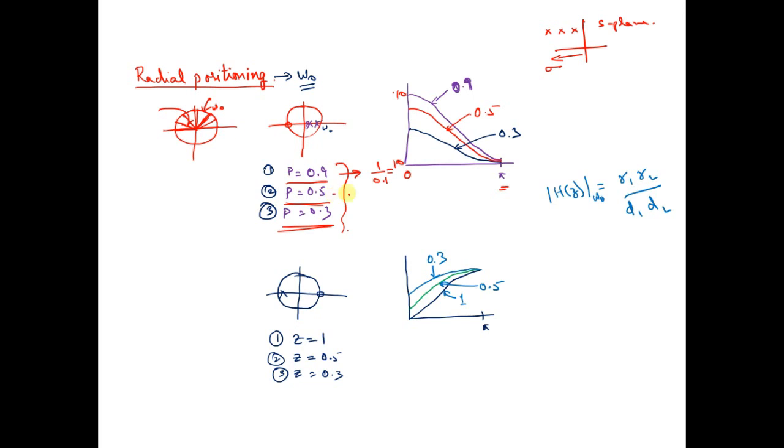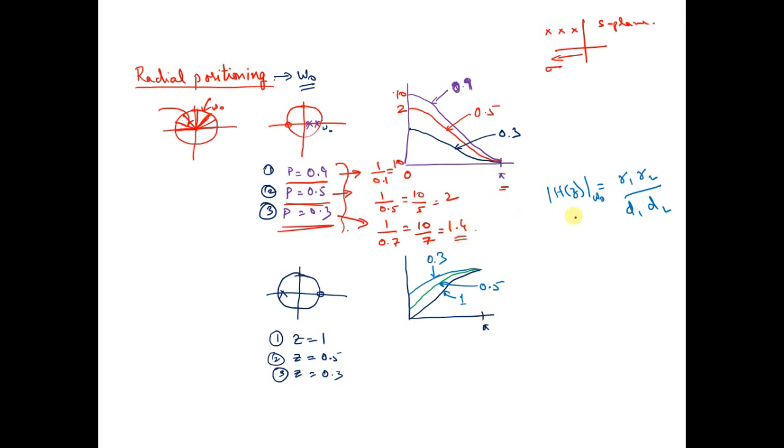In the case of 0.5, 10 by 5, the gain is 2. So the gain becomes 0.2. In the other case, when p is 0.3, it becomes 1 by 0.7, 10 by 7, 1.4 something.